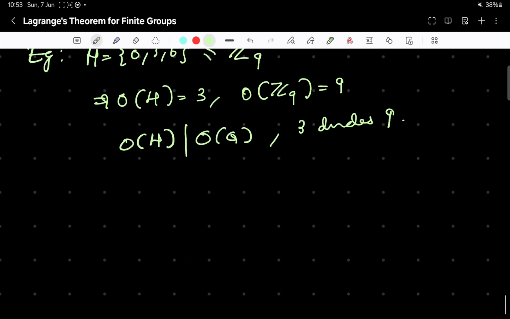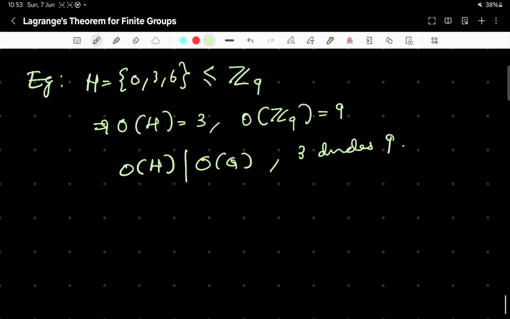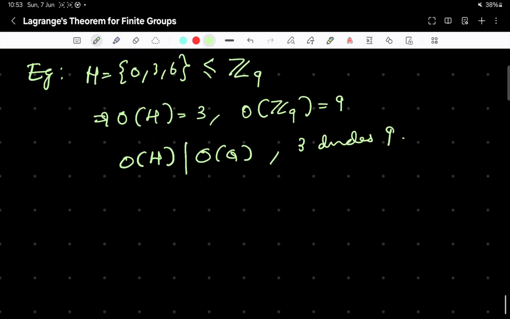So let's look at how we can do this, right? First thing, we want to define a relation. So the first claim is: let H be a subgroup of G, where G is finite.